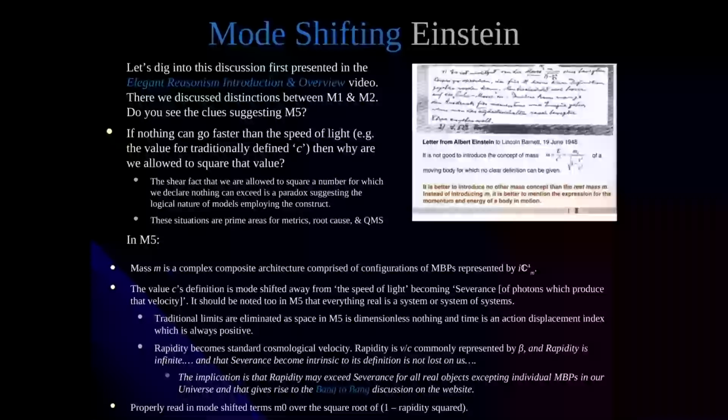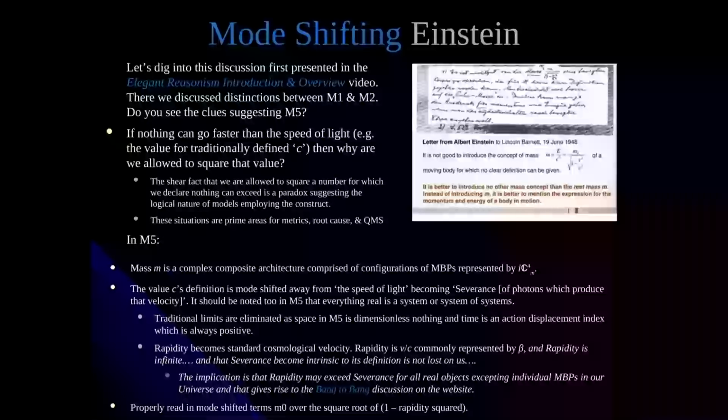And we realize that rapidity is infinite. I'll mention here too that every particle accelerator on Earth does their beam alignment using rapidity. And that would be another logical clue that the universe has been trying to tell us something for a very long time. So the implication is that rapidity may exceed severance for all real objects except individual MBPs in our universe. And that gives rise to that bang-to-bang discussion that I was mentioning earlier that's on our website.